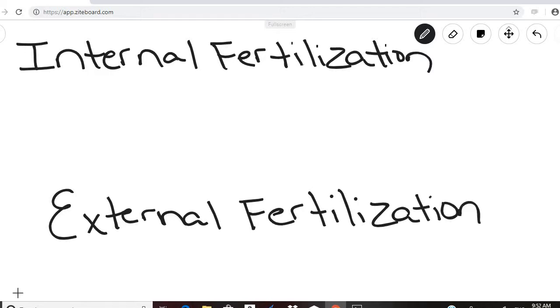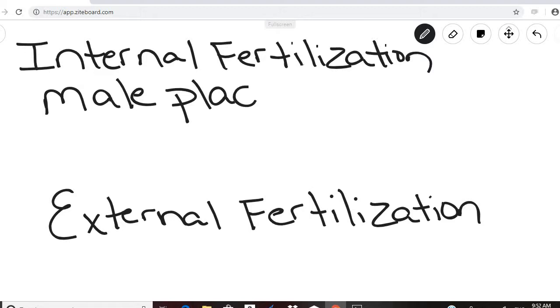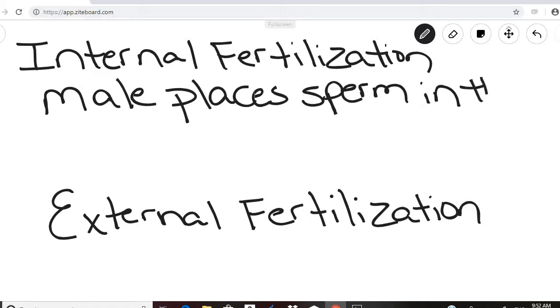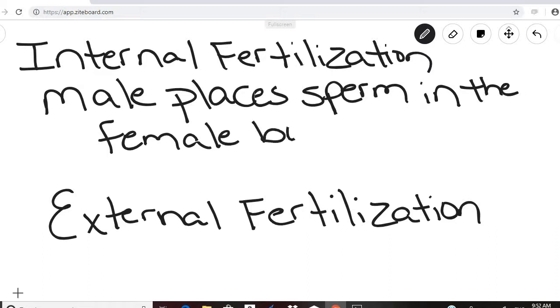For internal fertilization, the male places the sperm in the female body, and fertilization takes place inside the female.